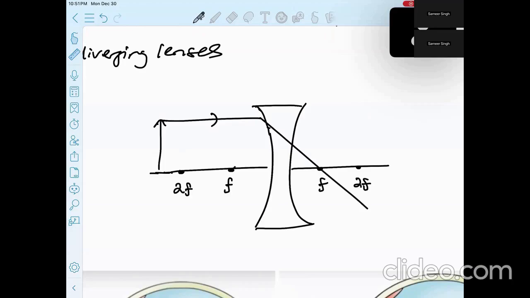But that wouldn't be a diverging lens, that would be a converging lens. However, we still do want it to pass through the focal point. That's a good thing because we have two focal points. So basically what happens here is the light comes in and it gets refracted off like this. But notice, we can back trace this, and it is indeed collinear with the focal point.